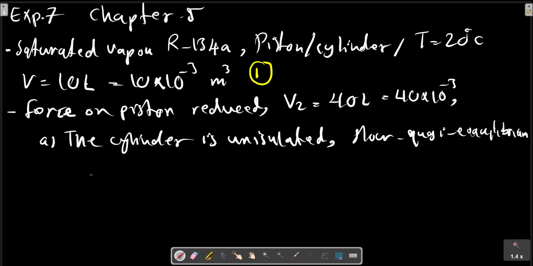If the work done during the process is W kilojoules, how much is the heat transfer Q?